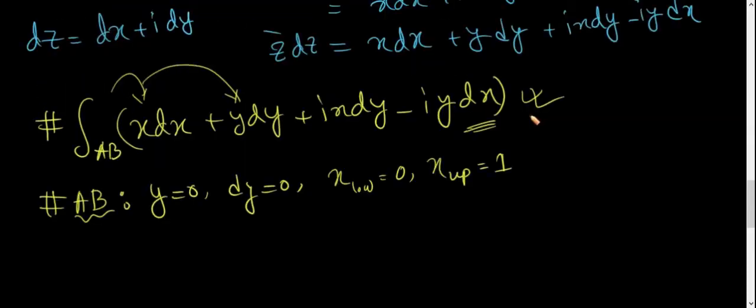In this integration, since y is 0, you have to put y equals 0 over here. So now you can see how this parameterization works for contours, because you are parameterizing y as 0 and dy also 0, but x is changing. So you need to put these parameterizations in the above expression and evaluate this integral.